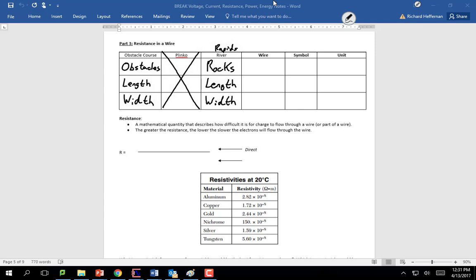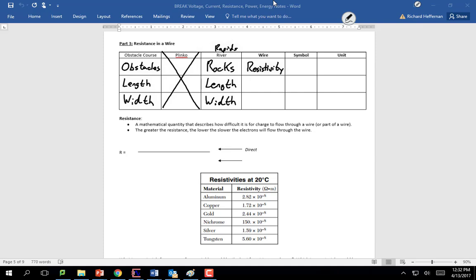If we move on to an actual wire, you're not going to have big obstacles in your wire. You're not going to have rocks in your wire, hopefully. What you're going to have in your wire that is similar to those objects in the way is something called the resistivity of the wire itself.